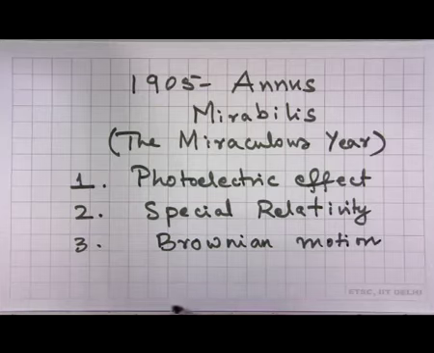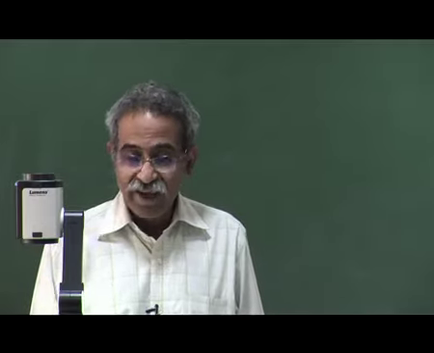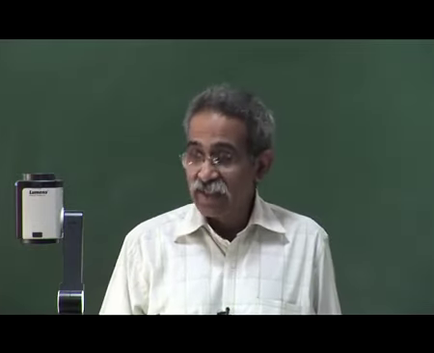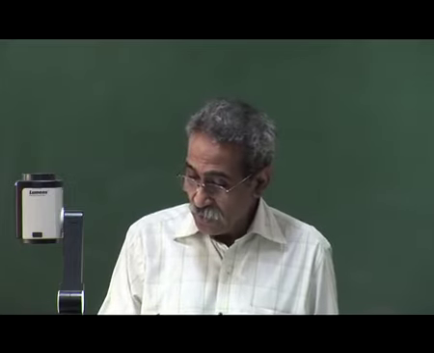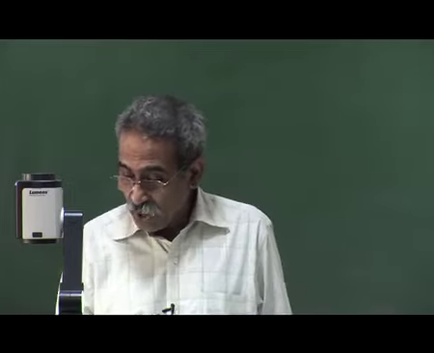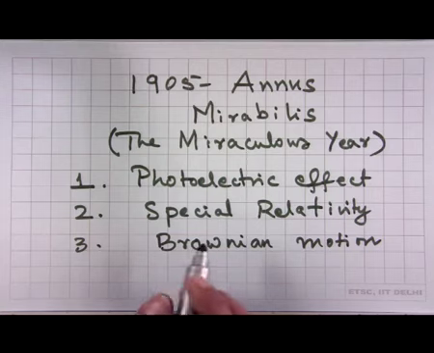All these three papers are of fundamental importance to physics. They changed the way we look at physics and the way physics allows us to describe nature. Most of you have, of course, heard of special relativity, and you have been learning about the photoelectric effect in this course.